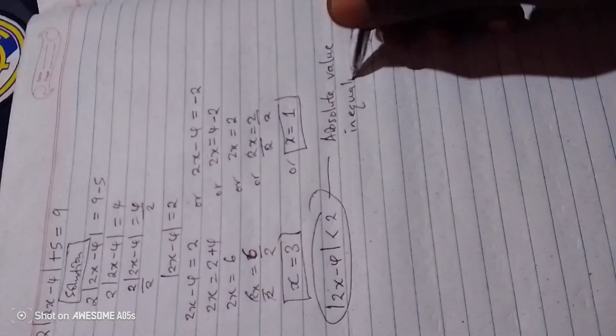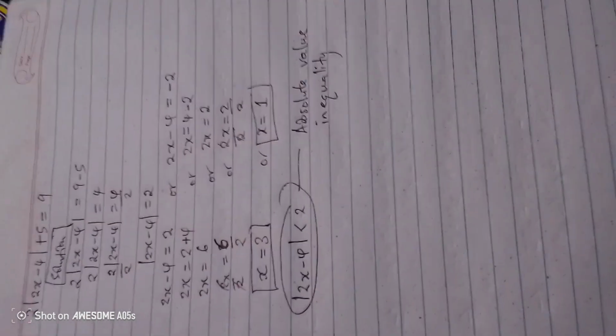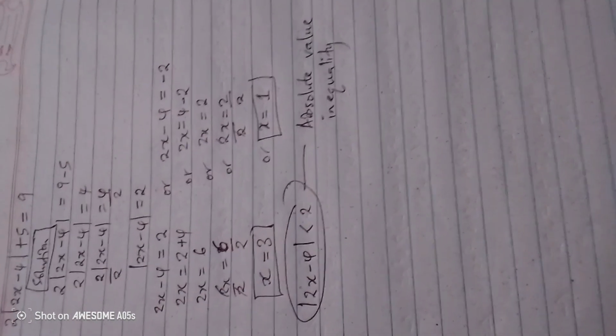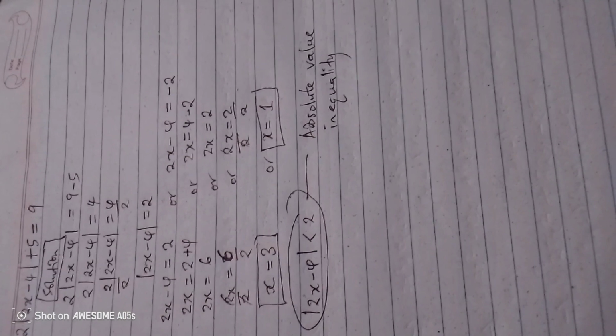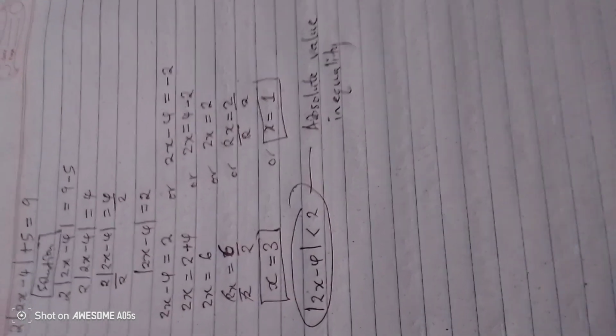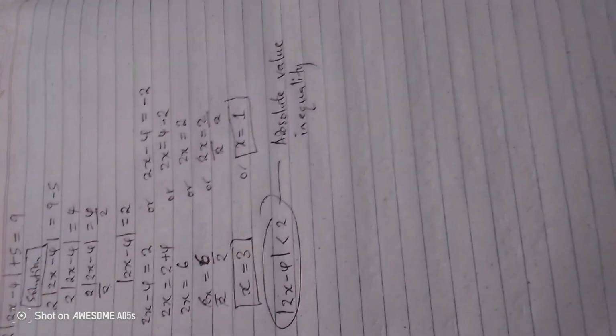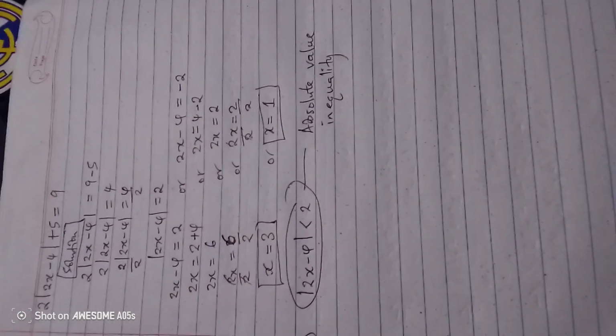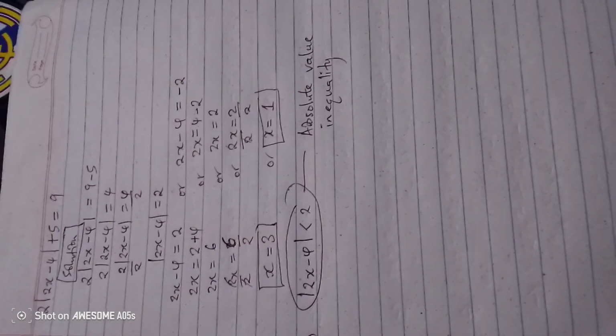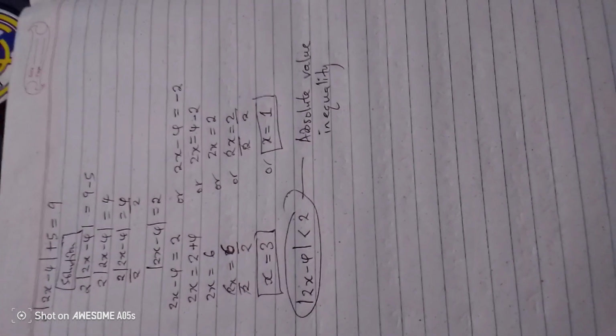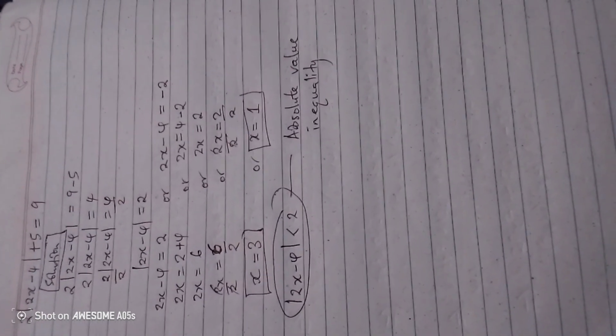Absolute value inequality. So when we say inequality, it means something may be less or greater or equal to. So in short, you're not really sure of the actual value. So that is why we say inequality. It may not be only one value. It may be a lot of values.